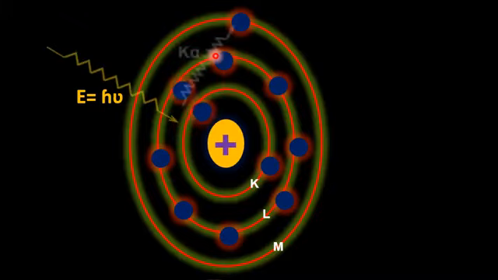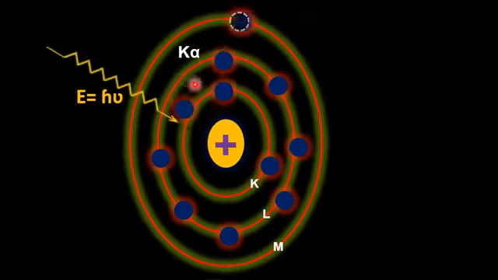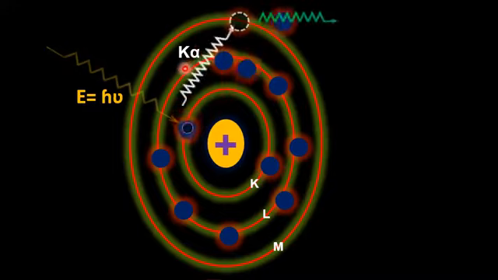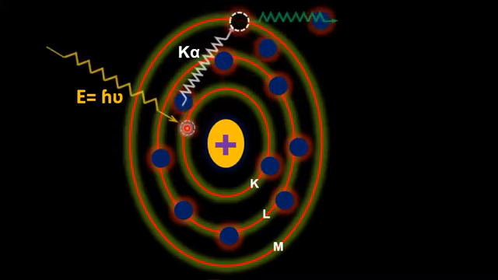Like this. So this is basically the characteristic X-ray, the K alpha X-ray, which is generated due to a jump of a higher energy level electron into the vacant position of the core K shell.